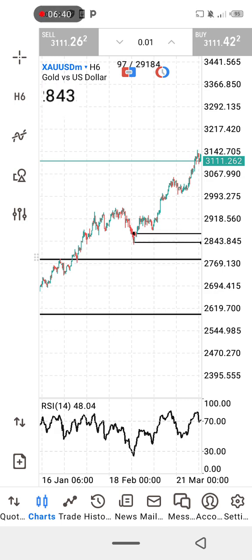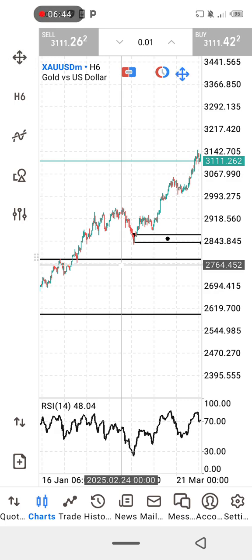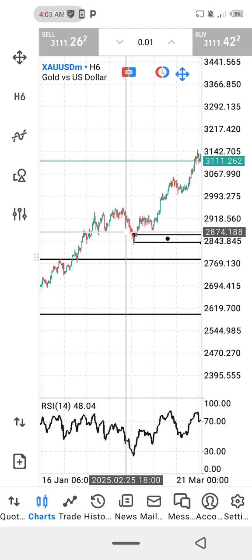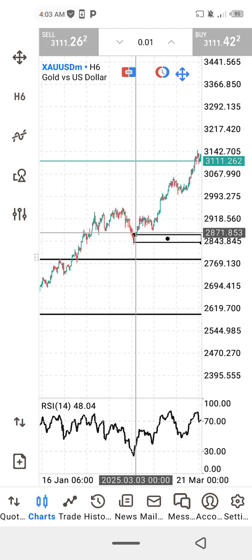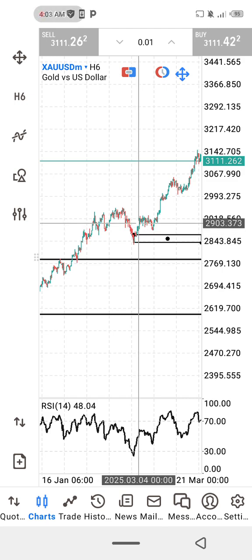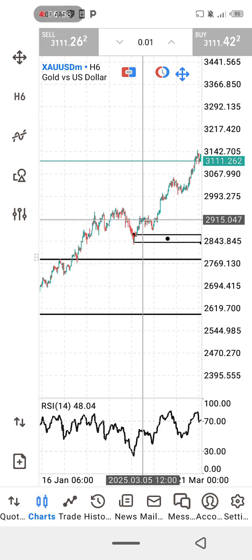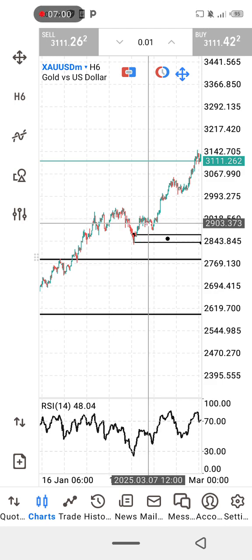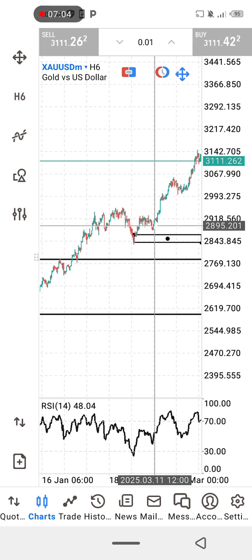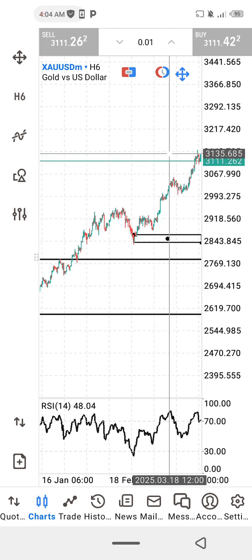As you can see, the market was tanking down, and here there was an extreme demand that had to struggle with sellers. And also here is another major demand zone that pushed the market way higher.